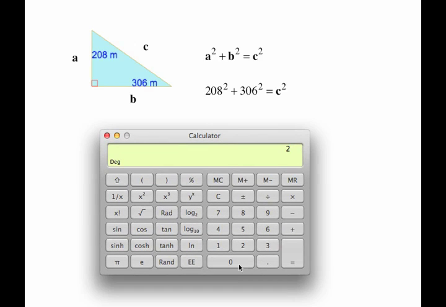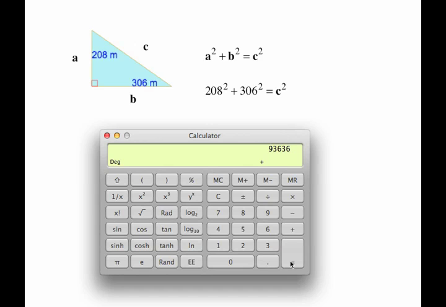It's this big number, 43,264. Then I add that to 306 squared, and that gives me 93,636.